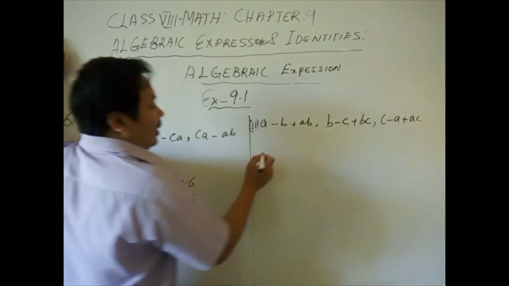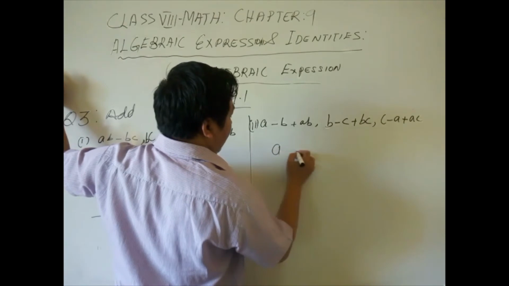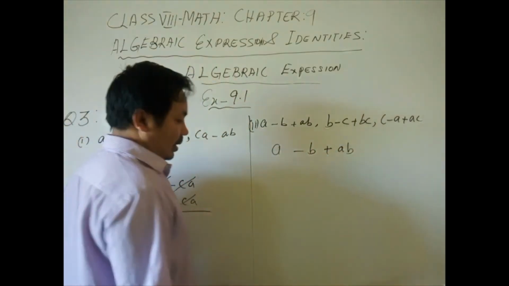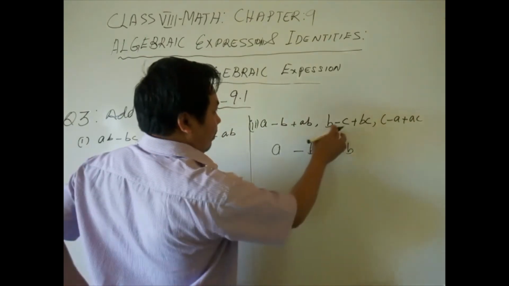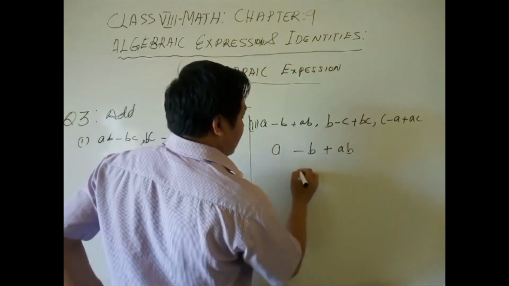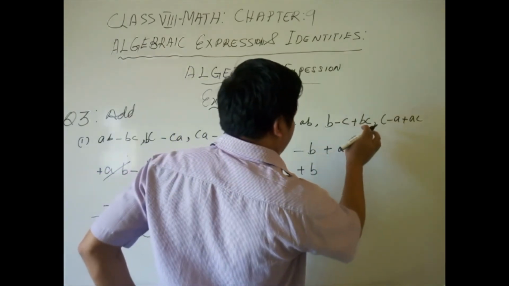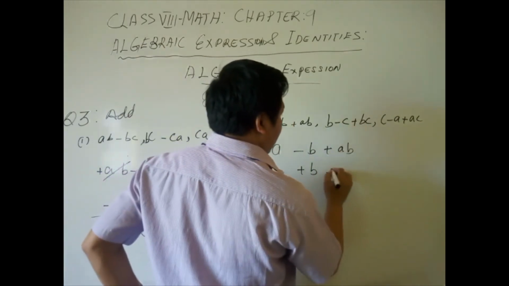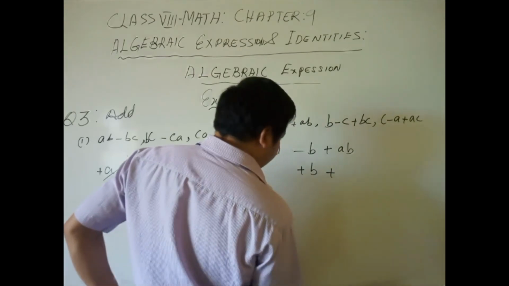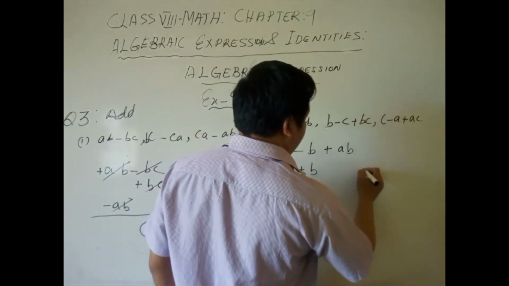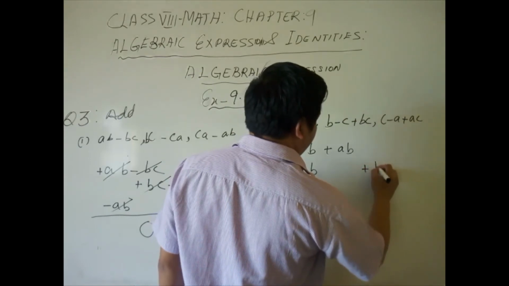Next, let us erase this first. A minus B plus AB. Isn't it? Yes. Then next, B. Here plus B. Then C we don't have, but B we have here plus BC. Here, right here, plus BC.